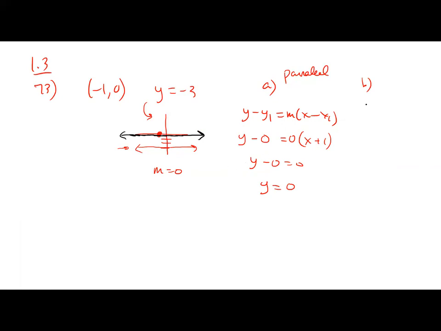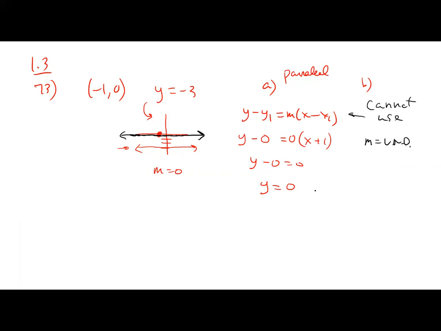Perpendicular one. Oh no, look at this. This is the only time ever you cannot use that formula. It's not a formula problem. You can't use it because the slope is going to be undefined. The slope is 0, so any line perpendicular to this line will have a slope that is undefined, and you can't put undefined into an equation.